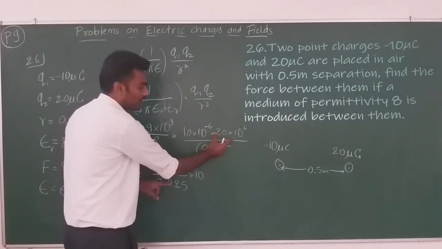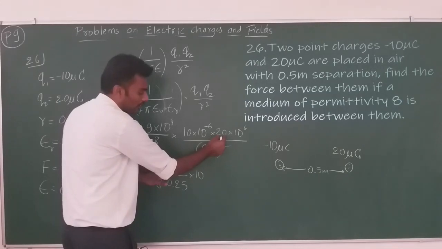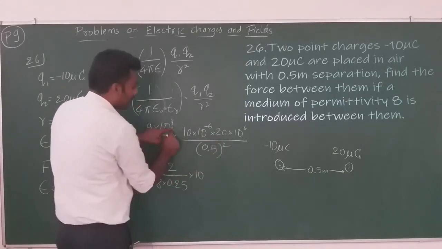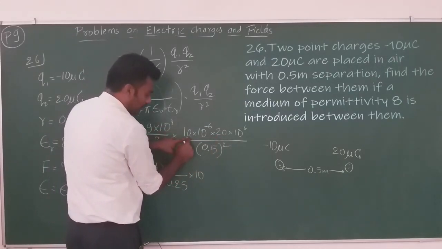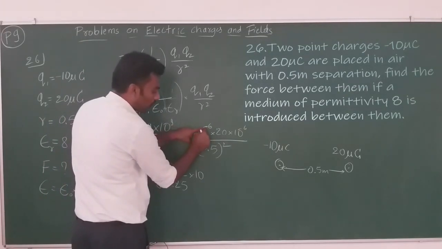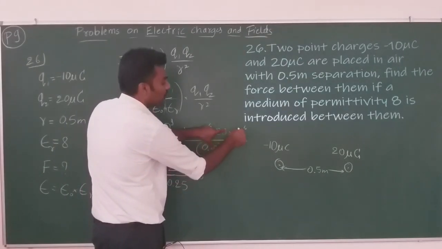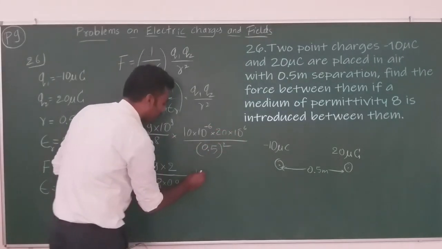This 20 is written as 2 into 10 and 2 is retained, so we have 10 left here. So 9 plus 1 is 10, 10 minus 6 is 4, 4 plus 1 is 5, 5 minus 6 is minus 1.